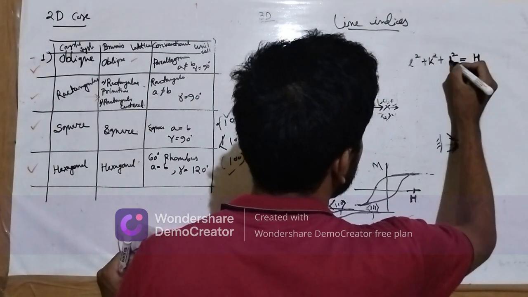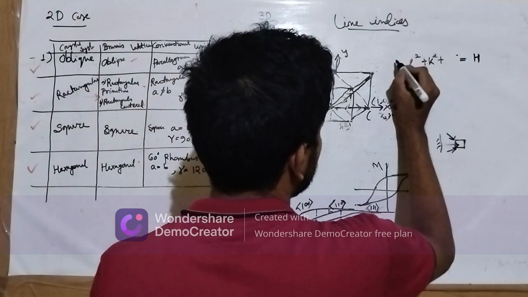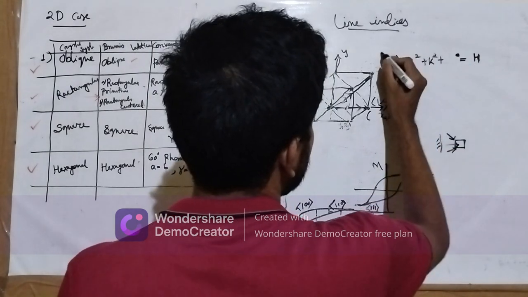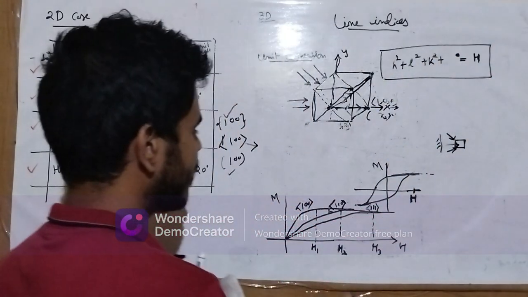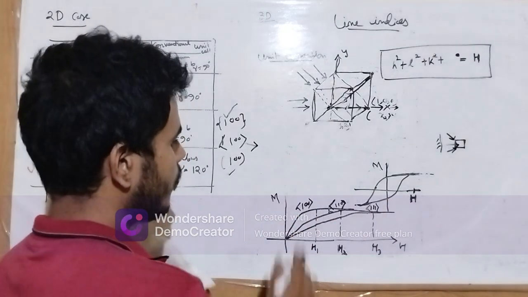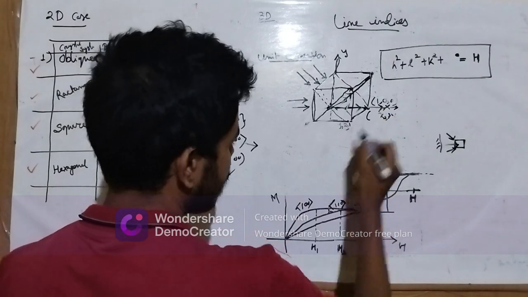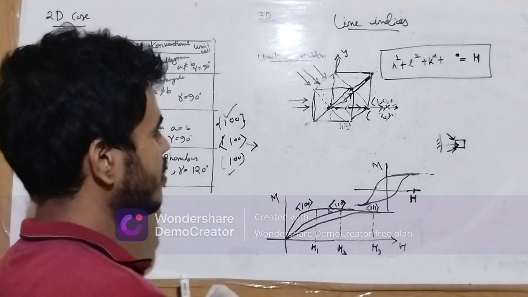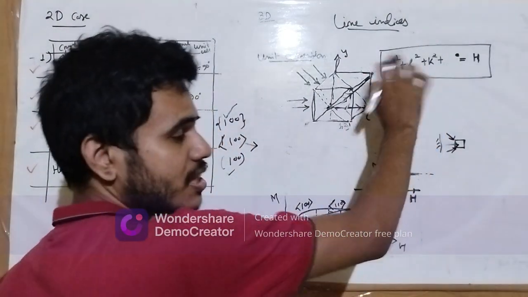This equation is very important. This is the equation to define the family of lines. For this, let's suppose 100. All the line indices and all the properties are the same for all lines which satisfy this equation.